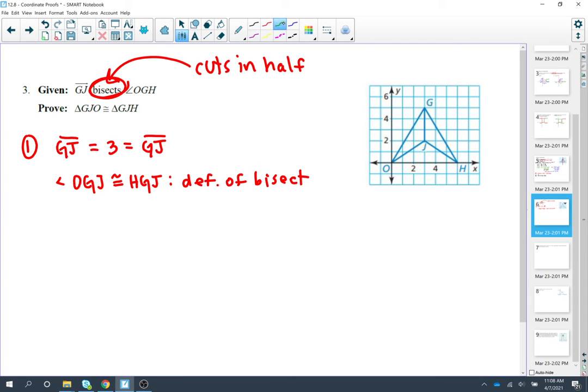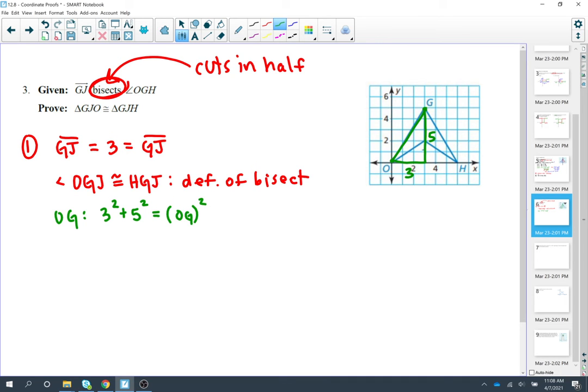So I'm first going to find OG. In order to find OG, I'm going to make my right triangle, and I'm going to count the distances. The bottom is 1, 2, 3. The vertical is 1, 2, 3, 4, 5. So this is going to give me 3 squared plus 5 squared equals OG squared.